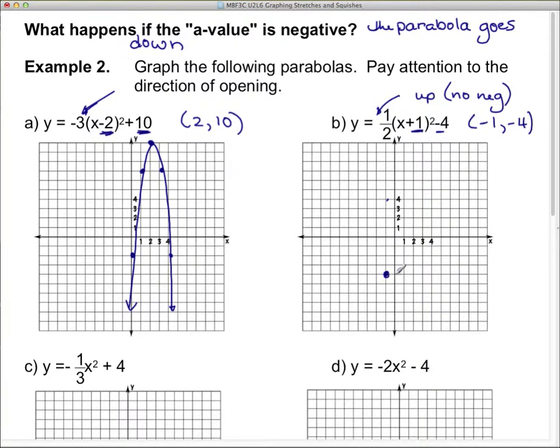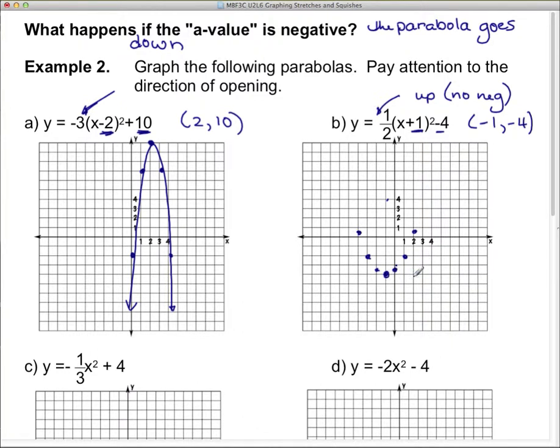So over 1 would have been up 1 with yesterday's work, but now we only do half of that, so up a half. Over 2 would have been up 4, but now we only do half of that, so we go up 2. Over 3 would be up 9, but we only do half of that, so it's up 4.5. And I can fit another one on there.